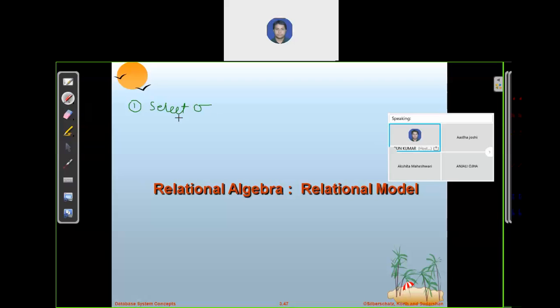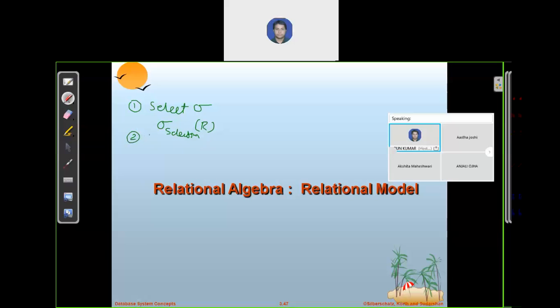This select operation will return you a relation which satisfies your selection condition. Means the selection operator will return you records which satisfied your selection criteria or selection condition.